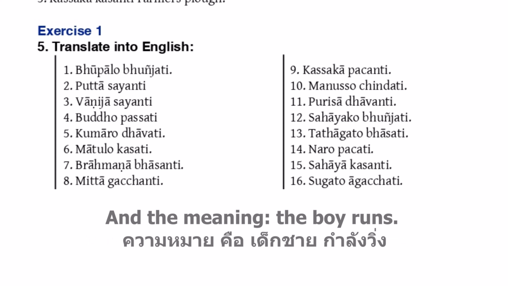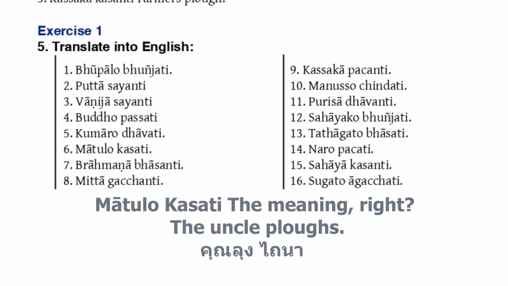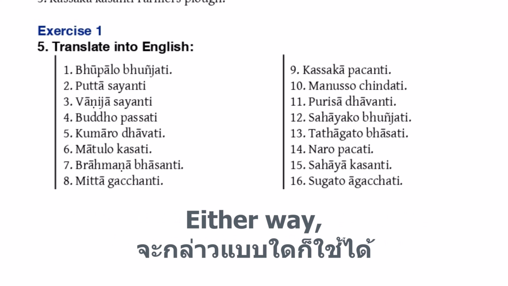And the meaning? The boy runs. How many boys run? One boy, right. Okay. Matulo kasati. The meaning? Right. The uncle plows. Or we could say the uncle is plowing. Either way.